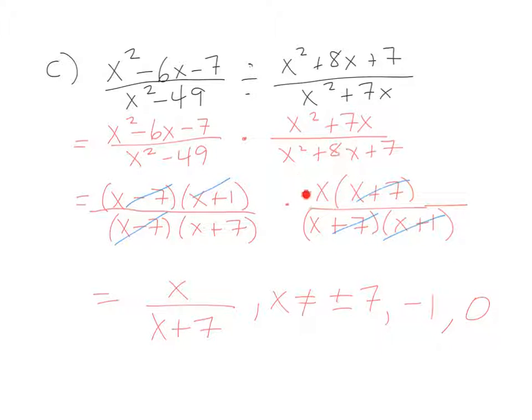We also have to consider this. Because it was flipped, this whole thing is a denominator, right? Because it's all divided by that. So when you're dividing, you need to get your non-permissible values in that factor step from the denominators and the numerator of the second fraction, because that one used to be a denominator.